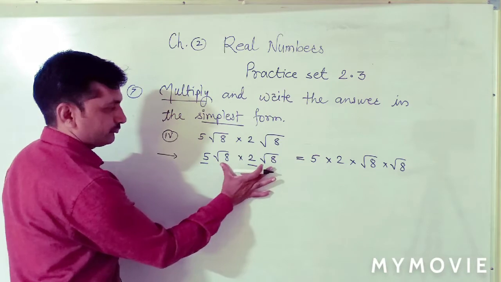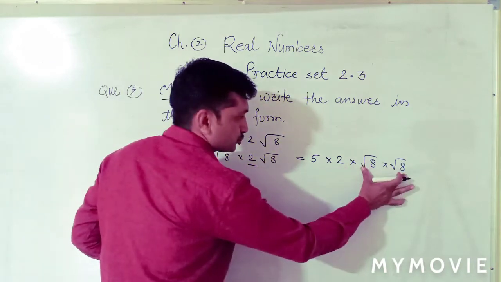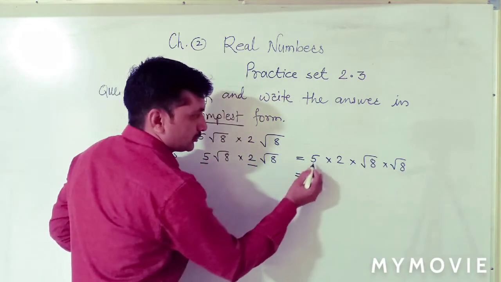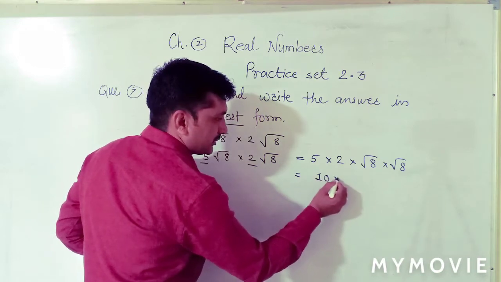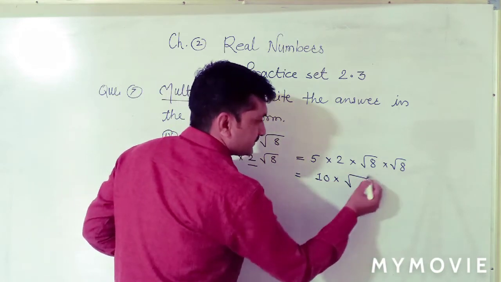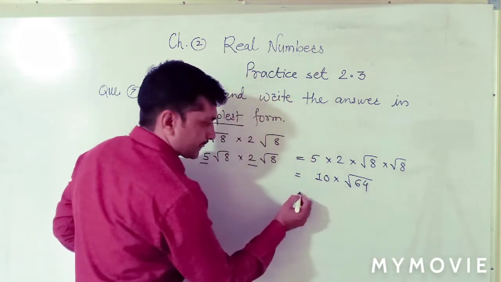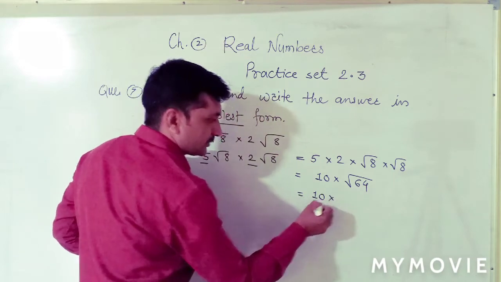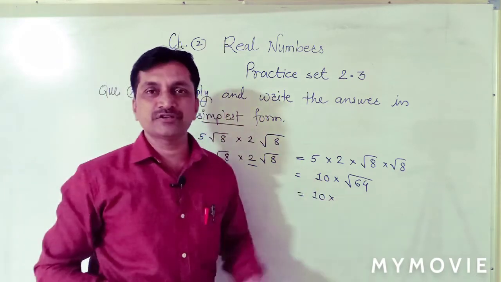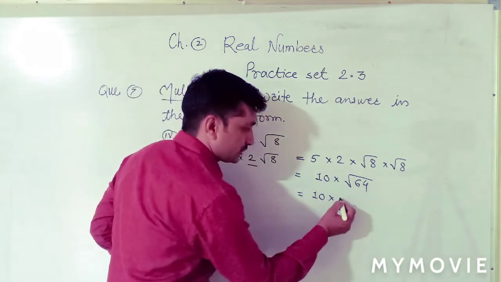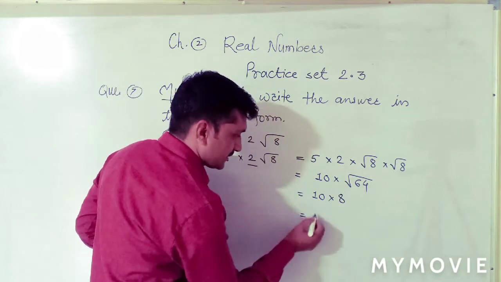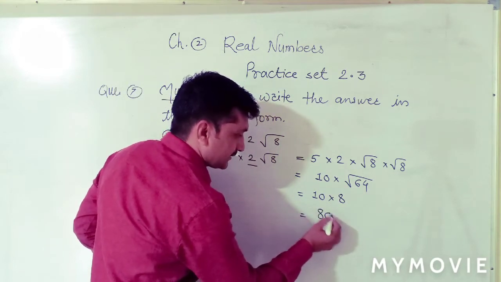Here square root of 8 and square root of 8 we write together. 5 2s are 10 multiplied by square root of 8 8s are 64, is equal to 10 multiplied by, 64 is a perfect square, square root of 64 is 8, and last step 10 8s are 80.